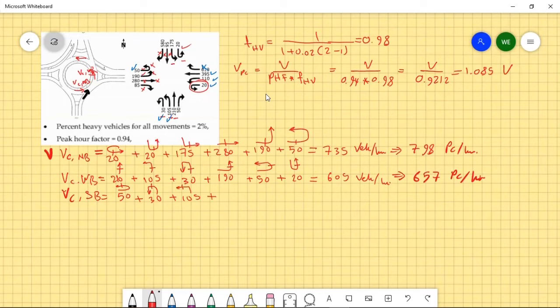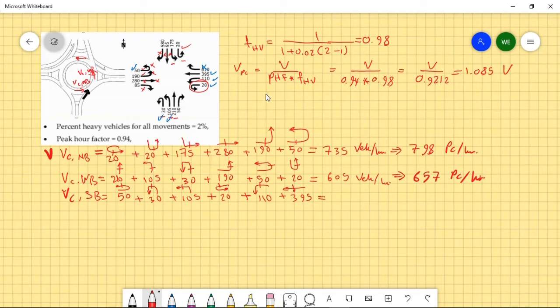Plus 20, that's the point of conflict with the southbound, plus 110 plus 395, okay. So these are 1, 2, 3, I think that's all. How much, Muhammad?